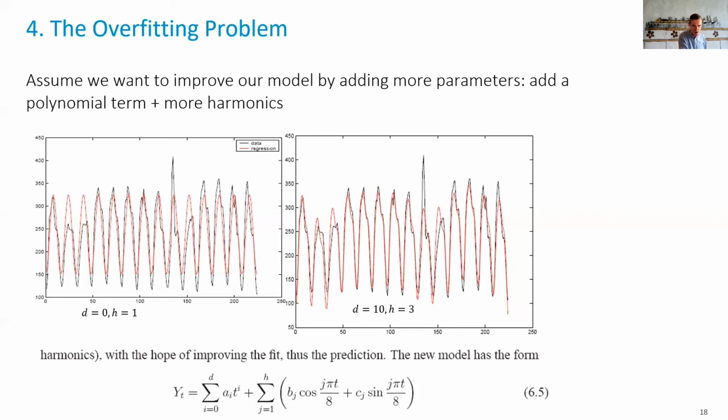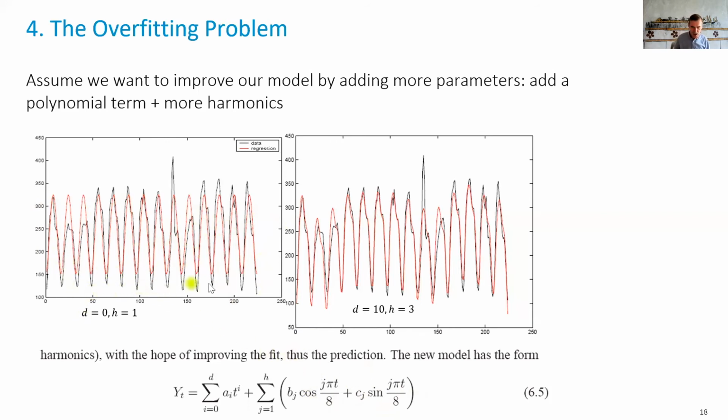Here I'm showing several predictions for the same model. I had fitted my data, traffic on an internet link, with a combination of cosine and sine, which means a cosine function with a phase shift.